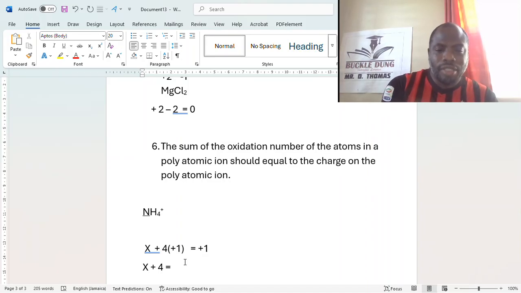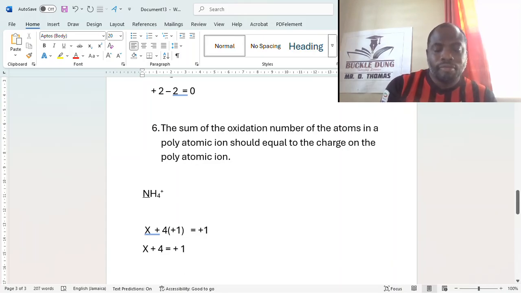So complete this. We say X plus 4 equal +1. And then we said that we want to get X by itself. So X plus 4 minus 4 is equal to +1 minus 4.